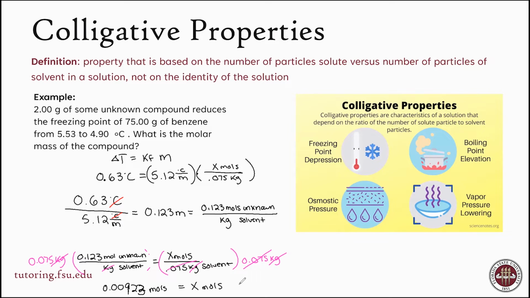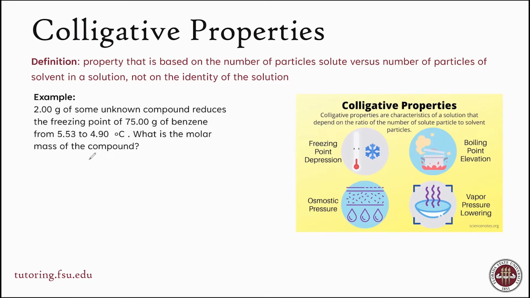So we solve for X and it's in the right units. But we don't want moles, we want the molar mass of the unknown. So we take this new value we just calculated, 0.00923 moles of unknown. We know that these 0.00923 moles came from the 2 grams. So it's essentially saying the same thing.